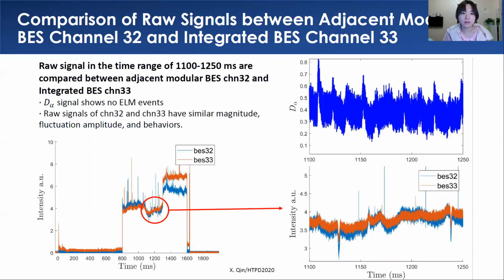The raw signals in this time range are compared between adjacent modular BES and integrated BES. The D-alpha signal shows no ELM events. The raw signal shows that the modular BES and integrated BES have similar magnitude, fluctuation amplitude, and behaviors.